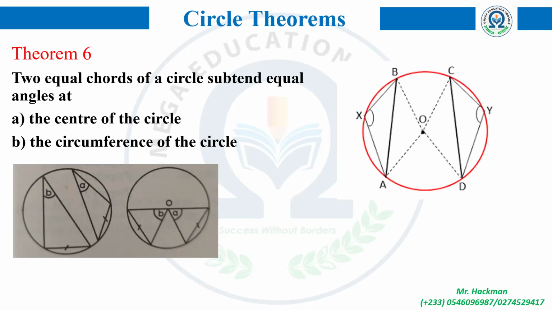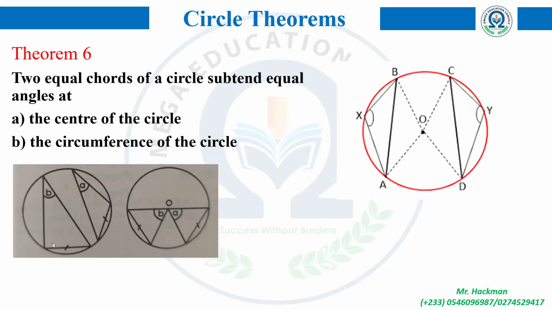I'm just bringing in triangles for you to relate, but whatever I'm saying has nothing to do with triangles, basically. Here, if you take the first triangle, each side of the triangle is a chord, true or false? True. The same for this particular triangle, the small triangle. Each side is a chord.